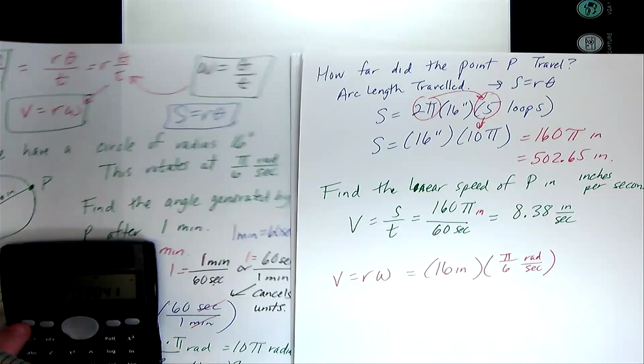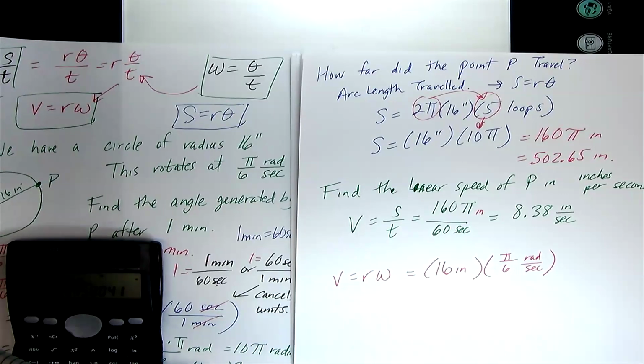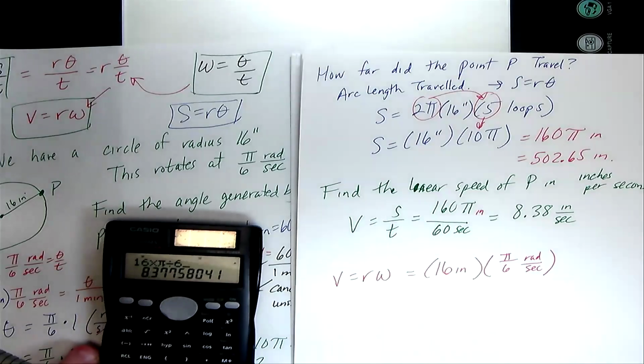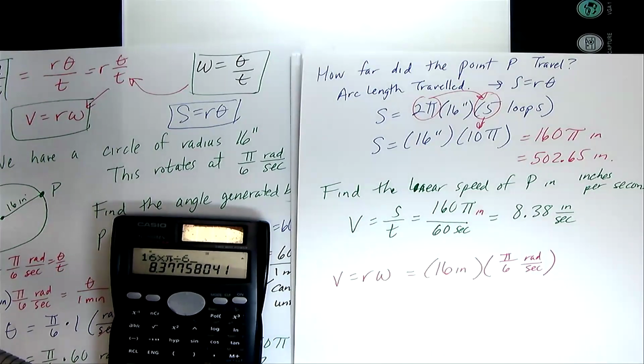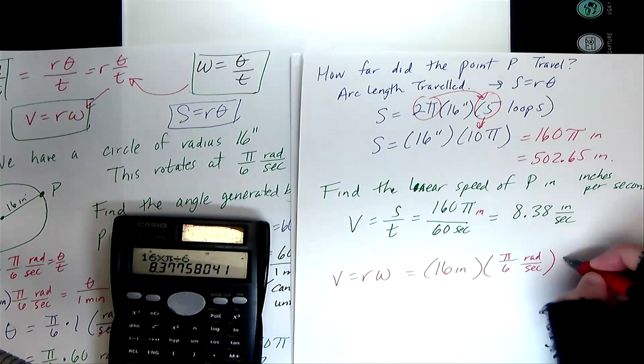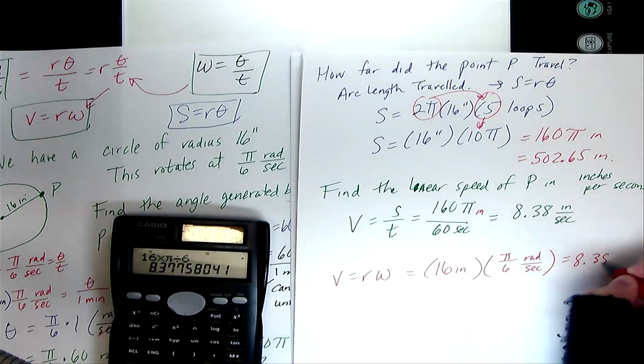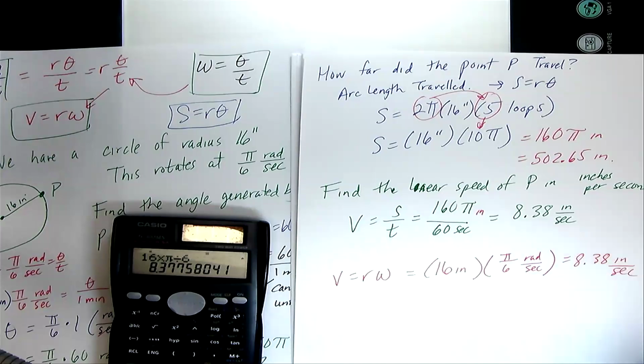Sixteen times pi divided by 6. Same thing. So depending on which one you have the information for, or the first one you think of, if you have all the pieces of information, you're good to go.